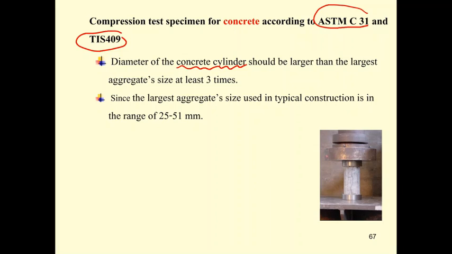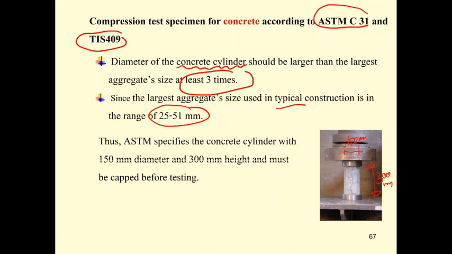Following the ASTM, it has a diameter of 150 millimeter and a height of 300 millimeter, and the diameter of the concrete cylinder must be larger than the largest aggregate by at least three times. In typical construction, the largest aggregate can be 25 to 51 millimeter.